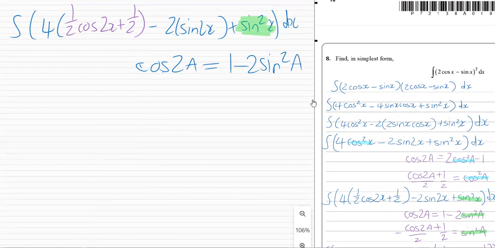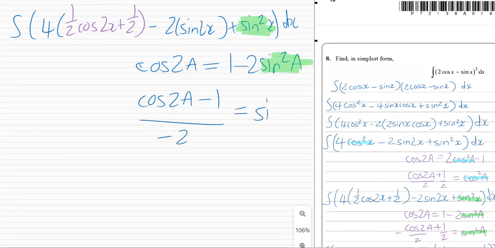So we want to make this look like this. Let's just rearrange it this time before we start. So cos 2a minus 1 divided by -2 this time is going to be equal to sine squared a, which is what we want it to look like. We're close, but this time before I continue, I just want to split this up.